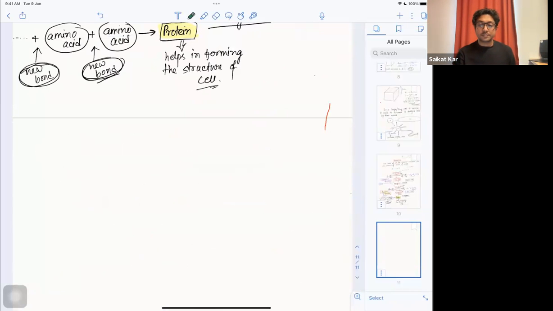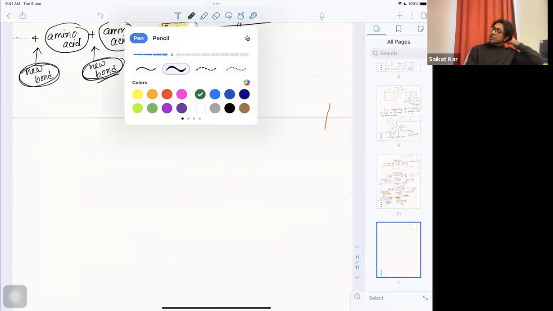Okay, so protein. Now, before going to the cell, we need to understand at least one part of the biomolecule chapter of class 11 NCERT, and that is protein. Protein is very, very important to understand any other chapter, fundamentally or in detail.